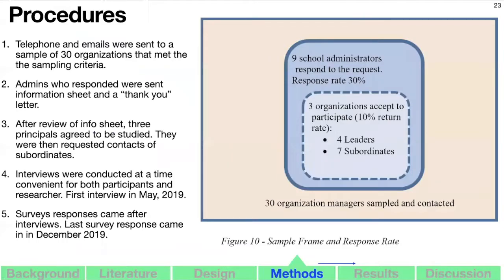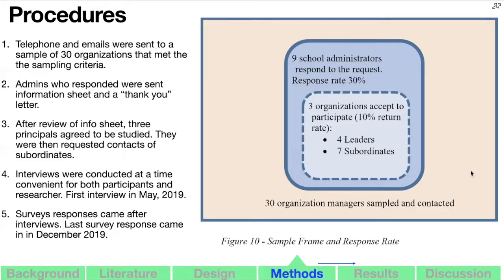So I sampled 30 of these organizations. I sent emails and made phone calls, and some people I contacted face to face. And I had 9 school administrators reply to me, specifically for the email, and 3 of the organization leaders responded in the affirmative.